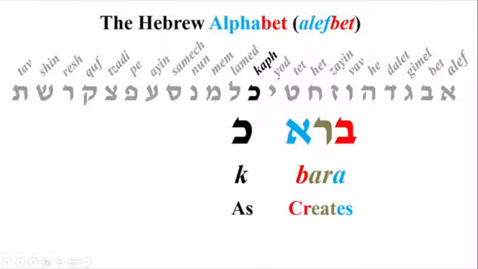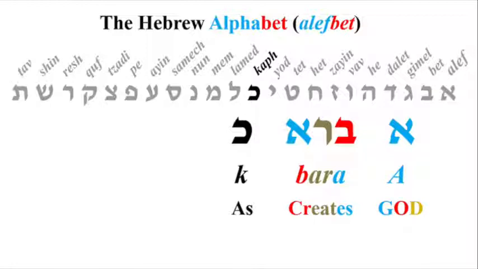Only God in the Bible baras. This verb is saved just for him, because he's the only one who can create from nothing. And we've told you that Aleph is God's letter, right? Aleph represents God. So if we put these three together, bara, that would be kind of like God creates, all right? God, bara, creates.